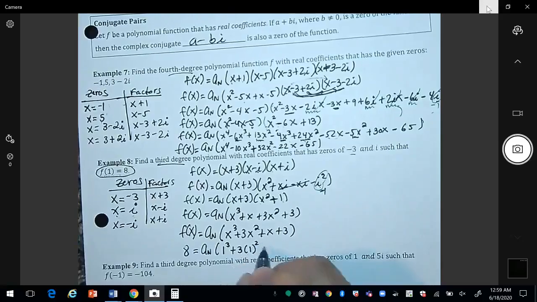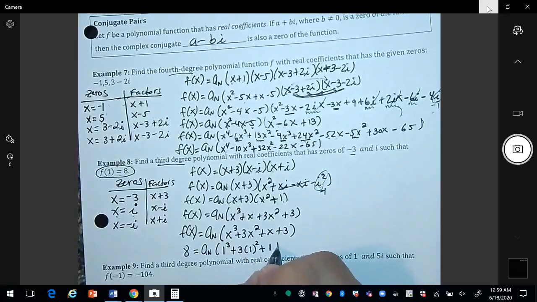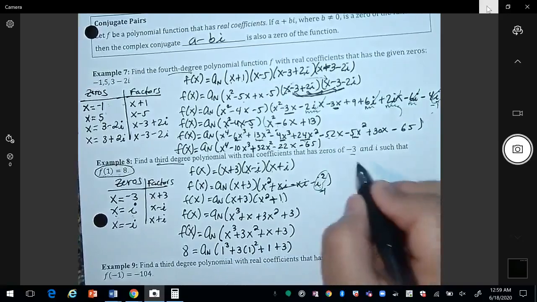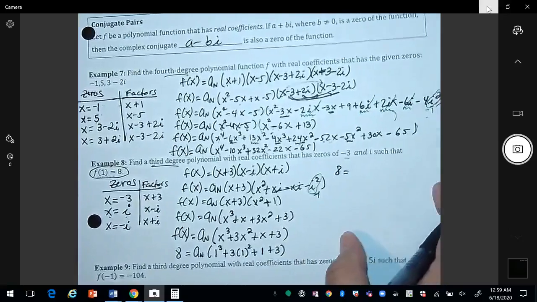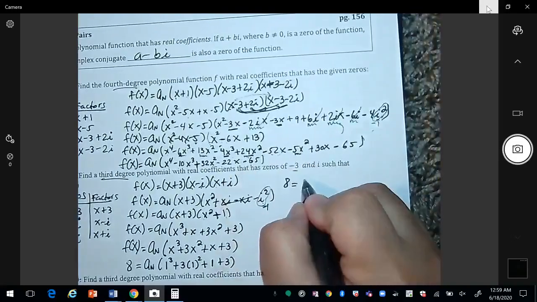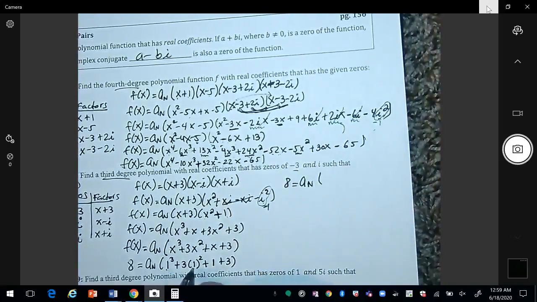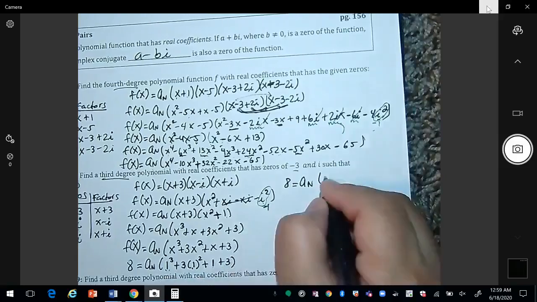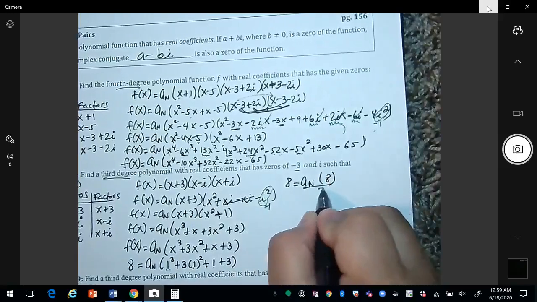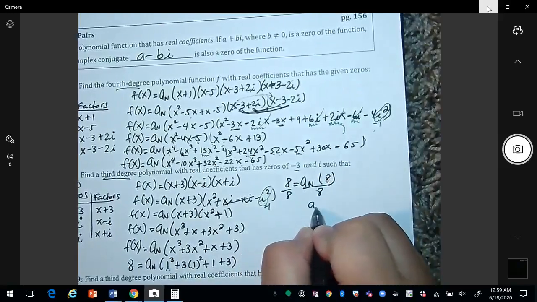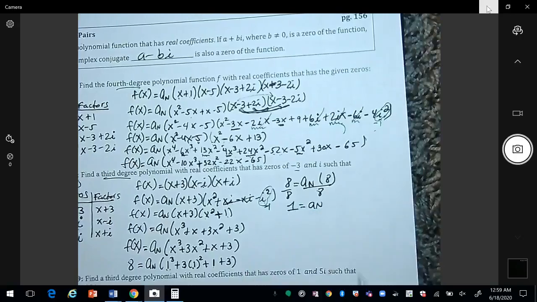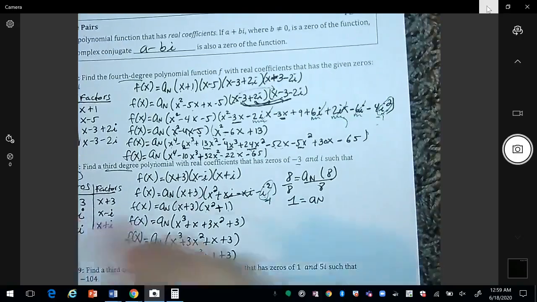And so by doing this, we're going to be looking for that leading coefficient. So we get a times, 1 cubed is 1, 1 squared is 1 times 3 is 3, plus 1 is 4, plus 1 is 5, plus 3 is 8. So divide by 8. So that tells me that my leading coefficient is 1.